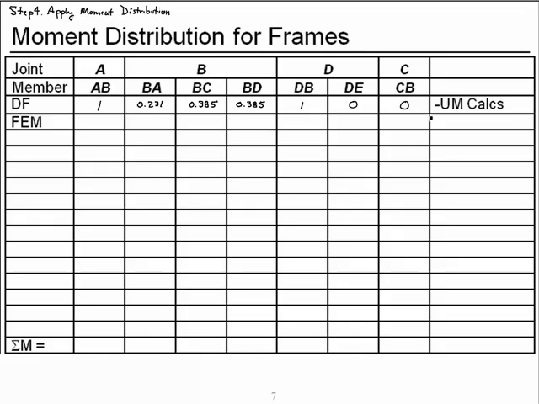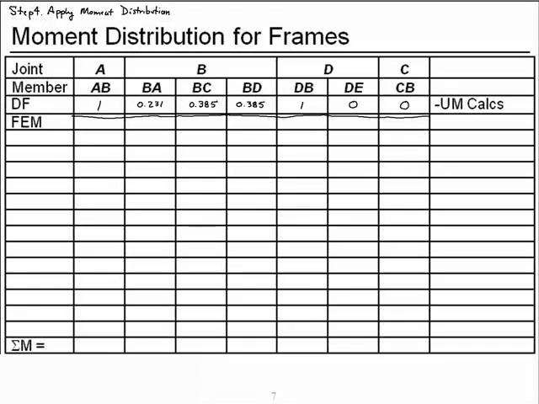Now everything below this line will be a moment with units of foot kips. But to keep the worksheet from becoming too cluttered, I won't write the units. Now to find the fixed end moments.